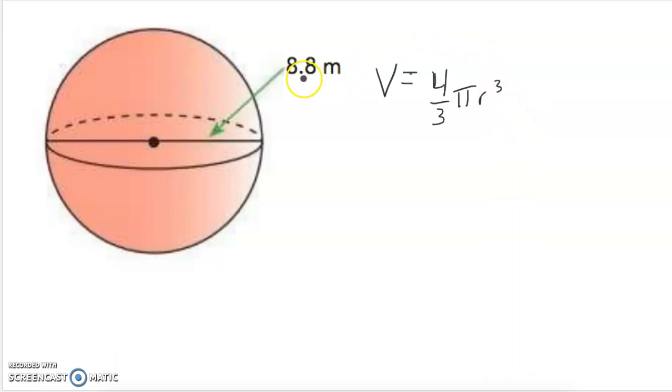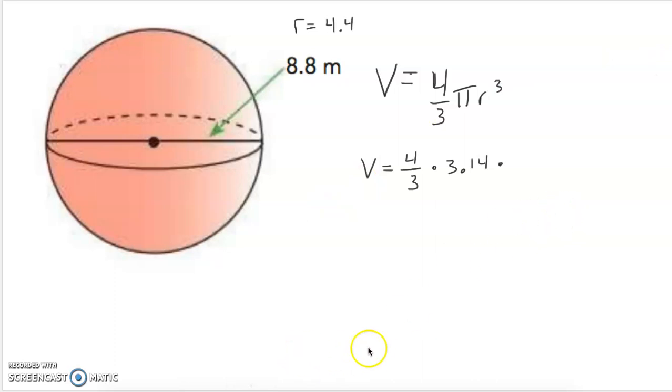First things first, if the diameter is 8.8, then the radius is half of that, which is 4.4. Let's fill out what we know. So volume is equal to 4/3 times pi, 3.14, times the radius cubed. Let's do the radius cubed.